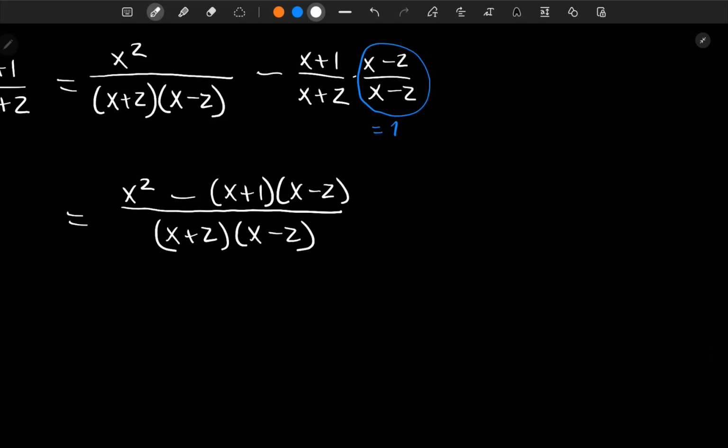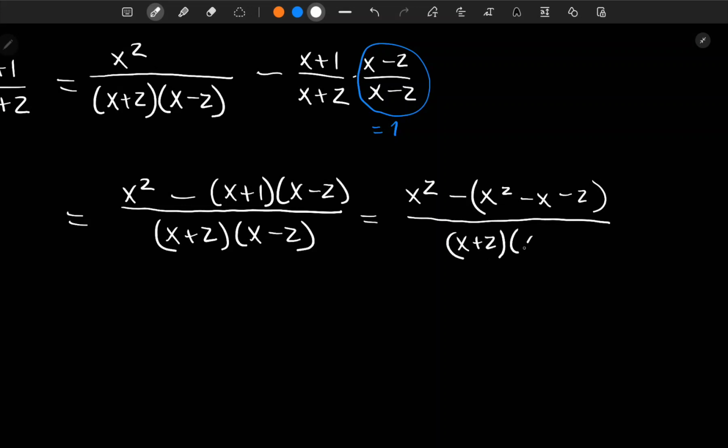Then we expand out the second term in the numerator, so this becomes x squared minus, well, in total it's minus x squared minus x minus 2, over x plus 2 times x minus 2.